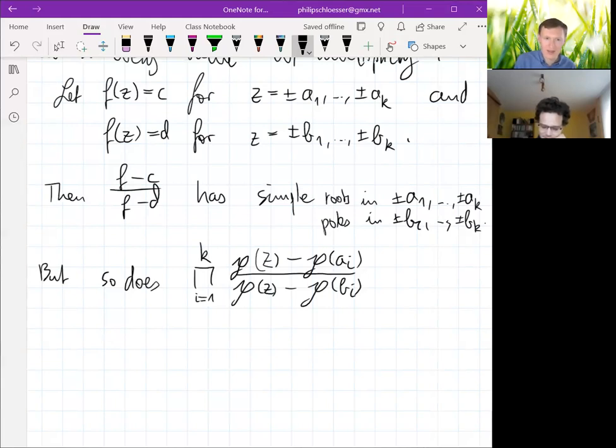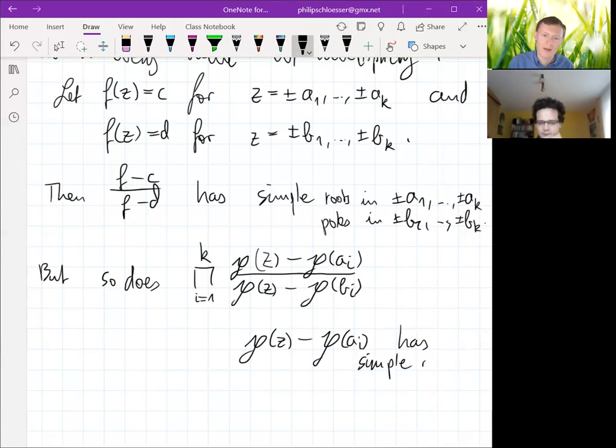But the reason is that p(z) minus p(ai) has simple roots at ai and minus ai, or if you want at ai and 2 omega 2 minus ai.